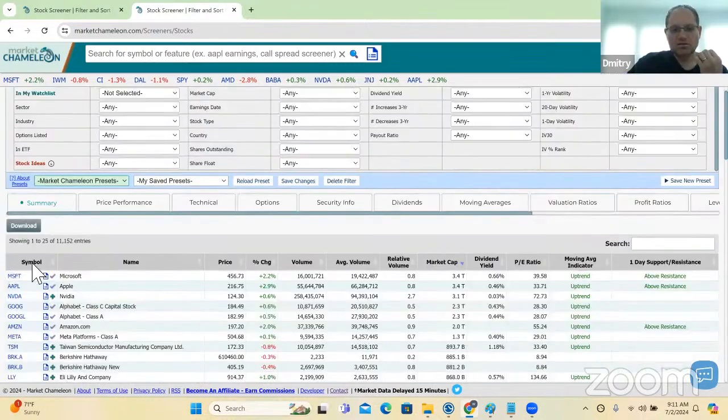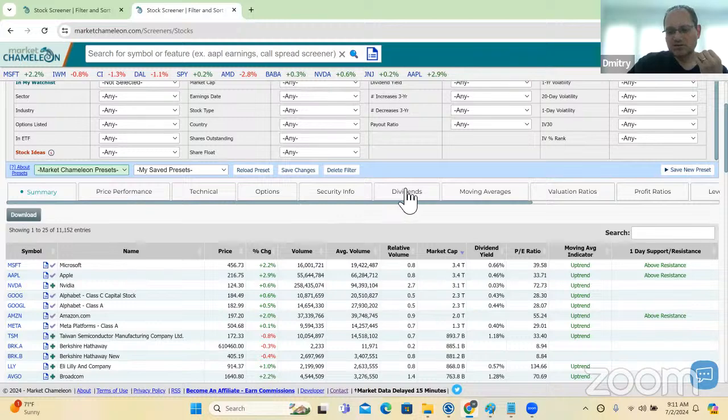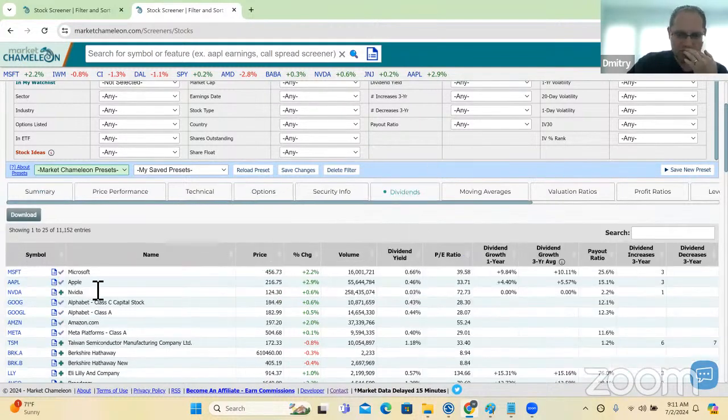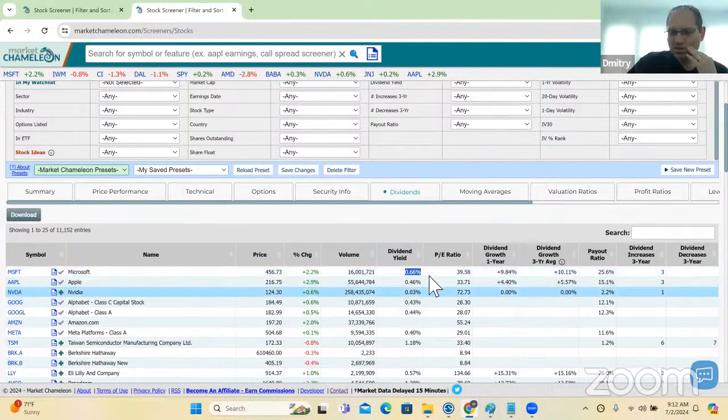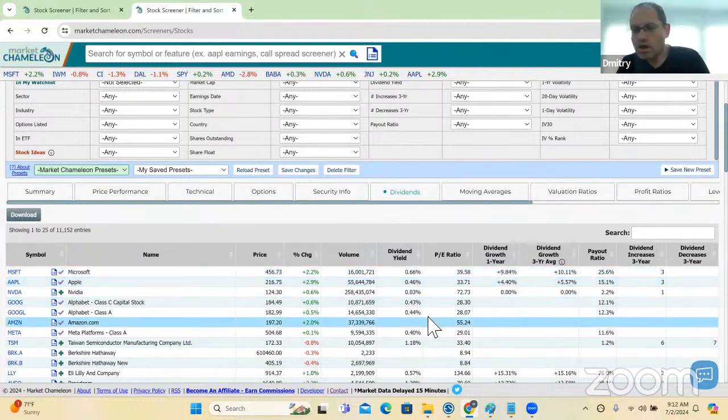So then let's come back here to the stock screener, to the dividends. And the question will be, well, this is the dividend yield, but what portion of the income that they're generating is going towards dividends, and what portion of it do they hold on to reinvest, to grow their company and so forth?